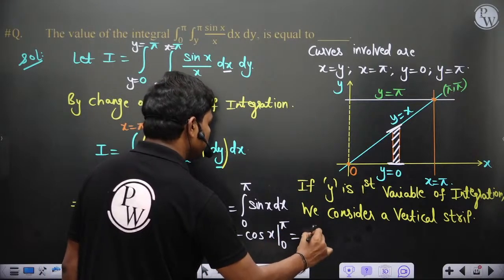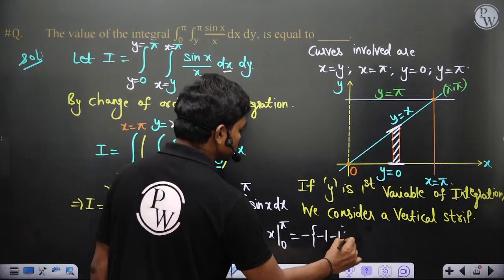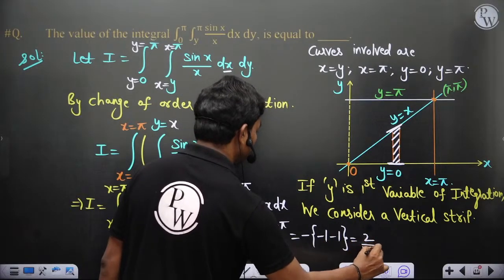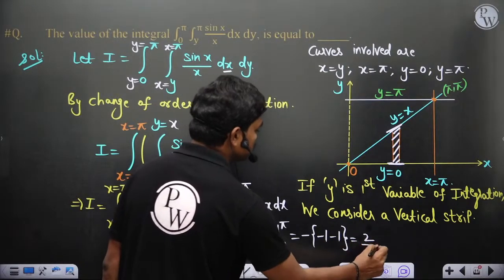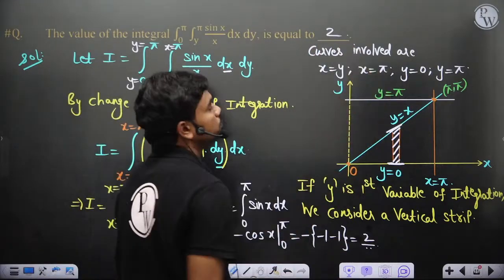Taking the minus sign out, cos pi is minus 1 and cos 0 is 1, so this answer is 2. So this is equal to 2.